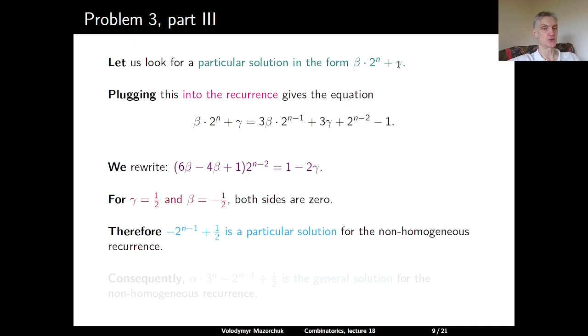Therefore, minus 2 to the power n minus 1 plus 1/2 is a particular solution for the non-homogeneous recurrence. And hence the general solution is given by alpha times 3 to the power n minus 2 to the power n minus 1 plus 1/2.